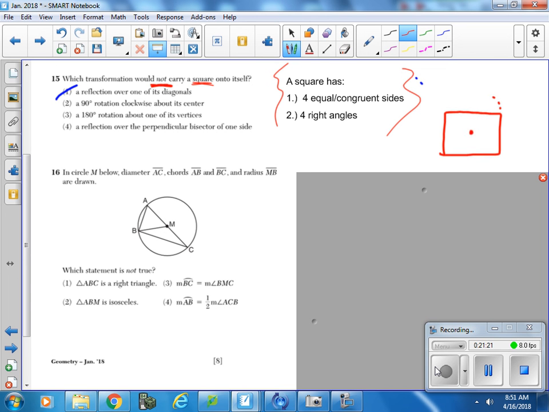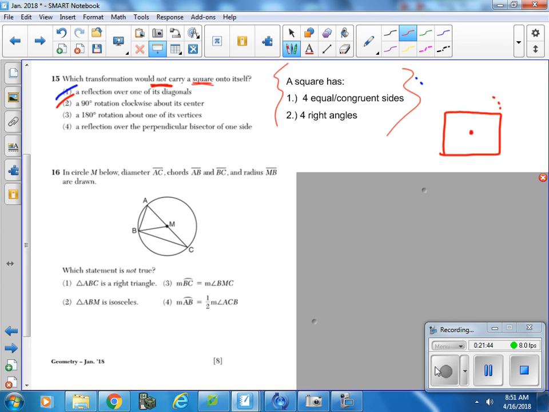Well, we've talked about that. Since each one of these angles is 90 degrees, each vertex would just move to the one next to it. Okay, that's all that would happen. So it would land on top of itself, all right?